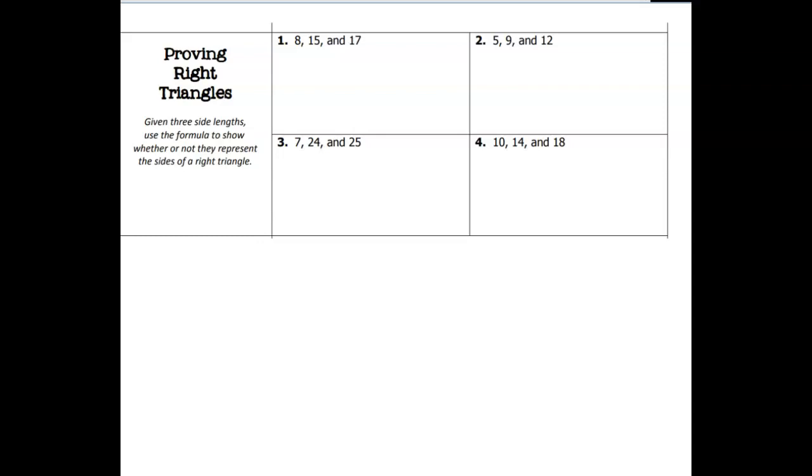So if I'm given three sides of a triangle, I can identify first my C value, because my C is going to be the longest, which is 17. My A can be 8, my B can be 15. So if I plug these values in, I get 8 squared plus 15 squared is equal to 17 squared.